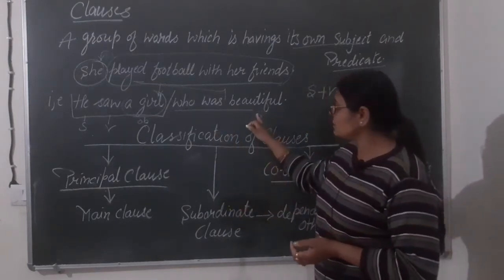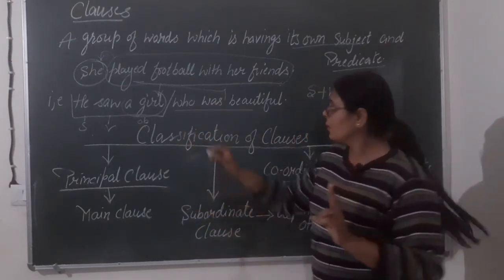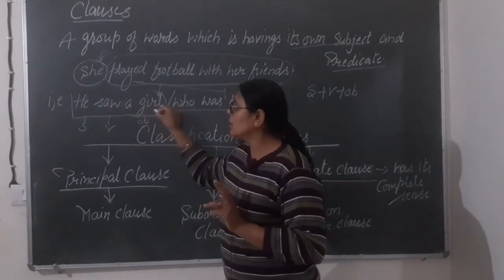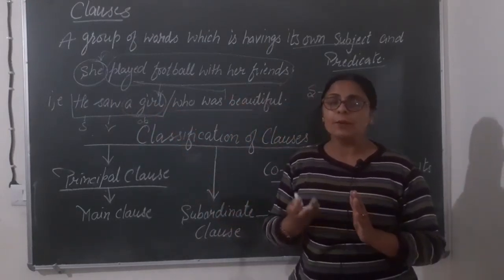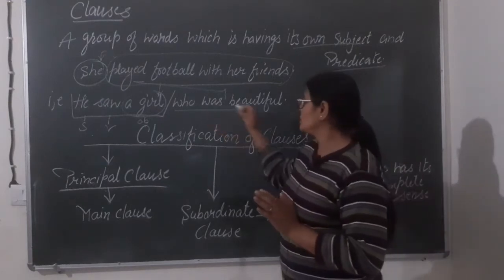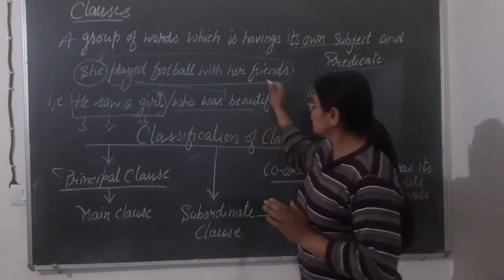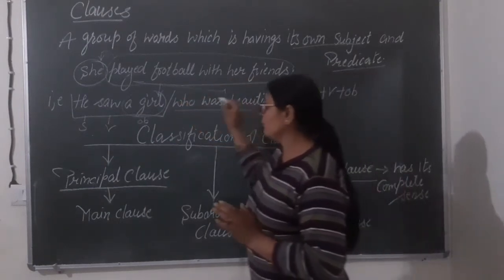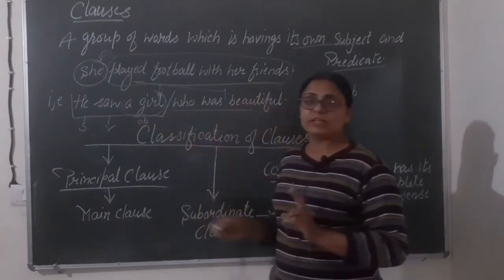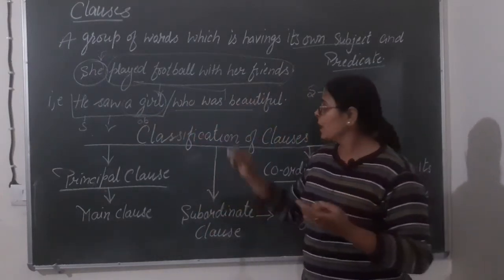So in this way this sentence is classified into two clauses. One, he saw a girl. It has complete sense, and that is known as the main clause. Who was beautiful? This is not complete, that's why it is the other clause, right? So here we can say that this sentence is divided into two parts.